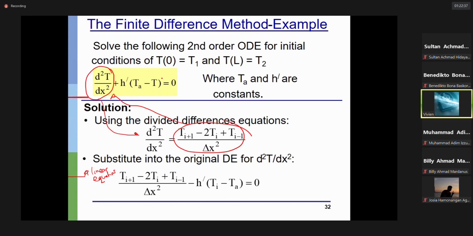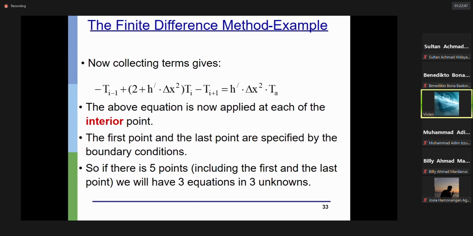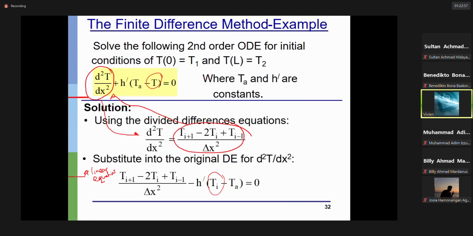So when we have T here, it directly becomes T i, the temperature at that point. Once we have this equation, we can do discretization. We can divide the length, for example, into points, so that will be the finite difference. Then we collect the terms together here. We have T i, we collect together.